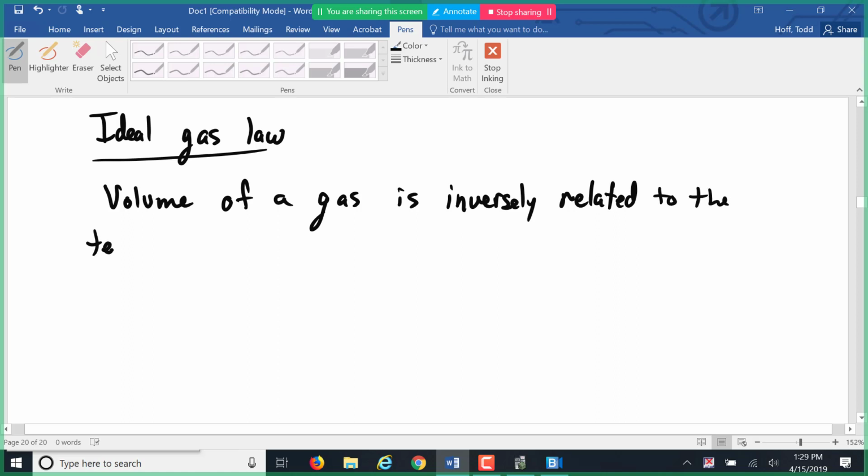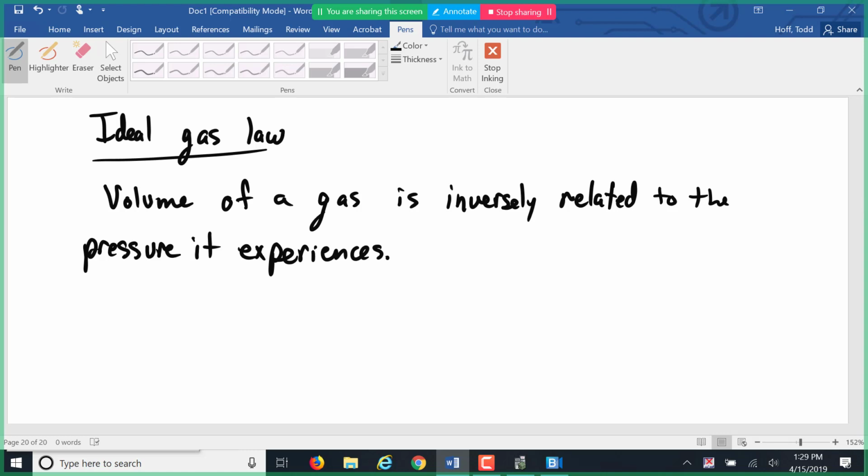Or not the temperature, to the pressure it experiences. The reason temperature was going through my head is because this requires that the temperature is constant. As long as the temperature doesn't change, the volume of the gas is inversely related to the pressure it experiences.